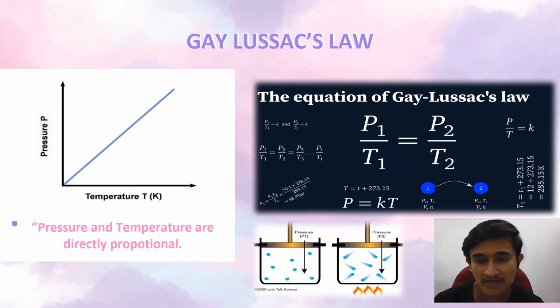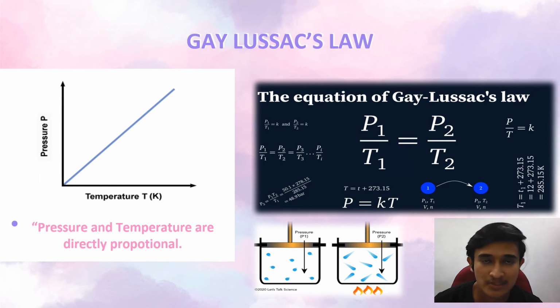Let's say I have a container that is full of water and has constant volume. If I add heat to it, the temperature will increase. The molecules in the water will gain kinetic energy, so they will be moving a lot faster at a very high temperature.